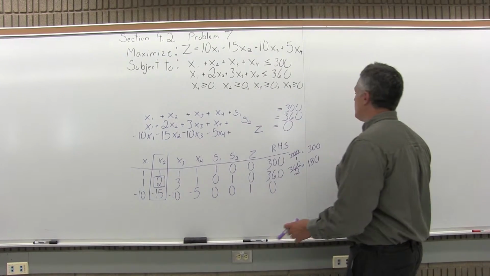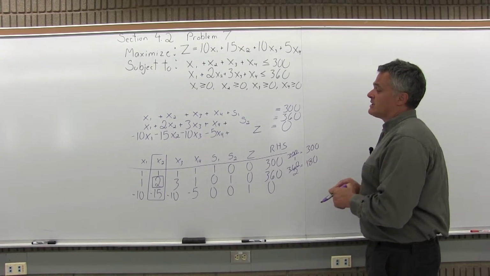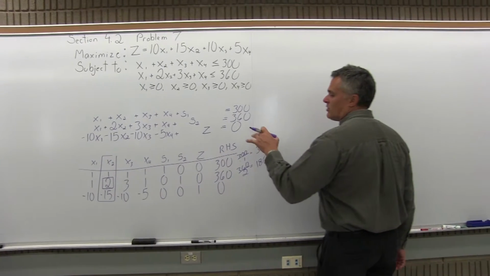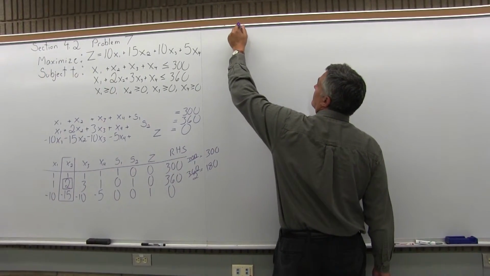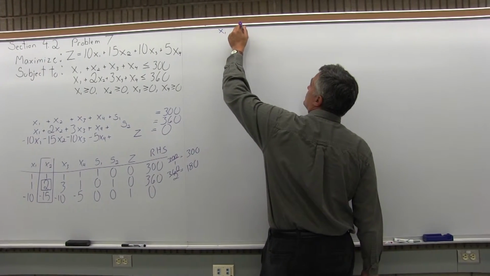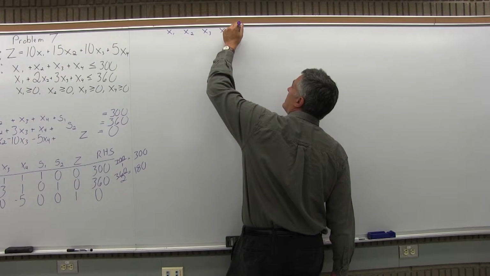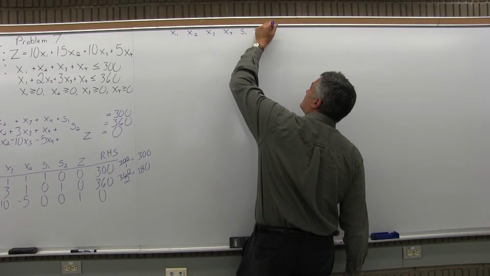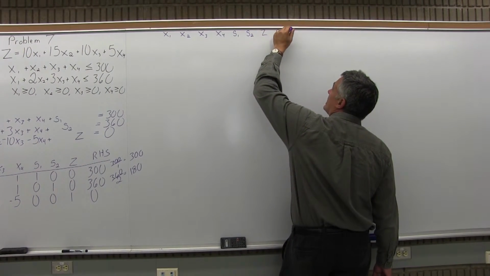So let me move over a little bit to the right, and I'm going to set up my next matrix. I'll put the column headings in again, and I'm going to turn that 2 into a 1 for the second tableau. So I have an x1 column, an x2 column, an x3 column, an x4 column, an s1 column, an s2 column, a z column, and RHS.